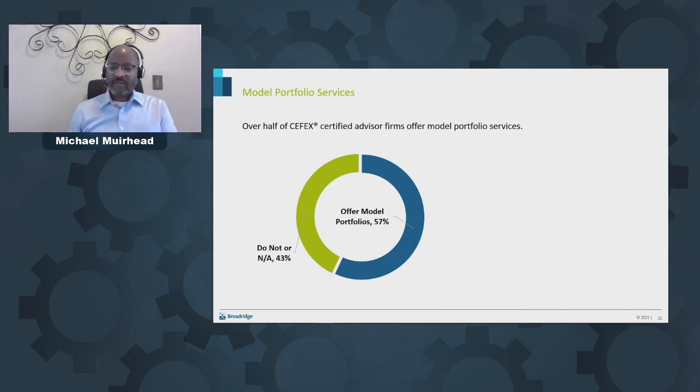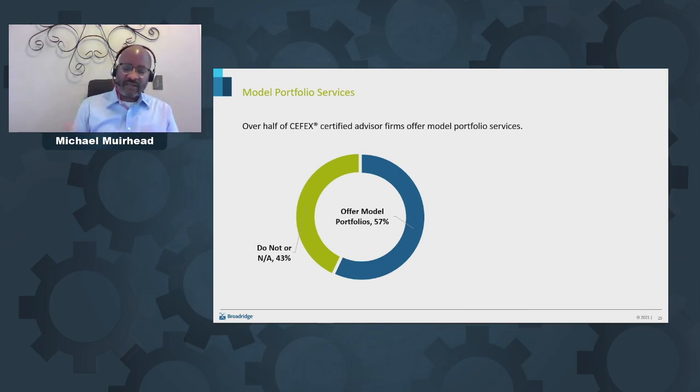Here, what you are looking at is the model portfolio, and we define model portfolios as providing advice, let's say, for target date funds or risk-based funds, or in some instances, advisors that are working with retirement plans and in some wealth advisory accounts will also provide advice on the managed account as well.